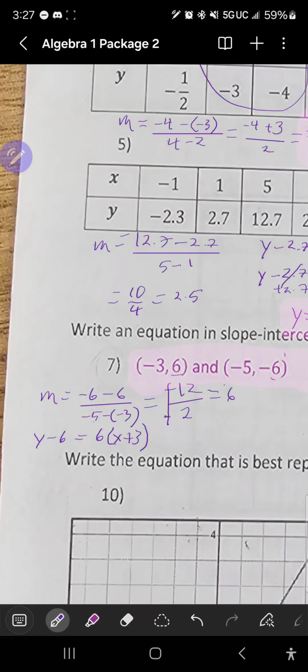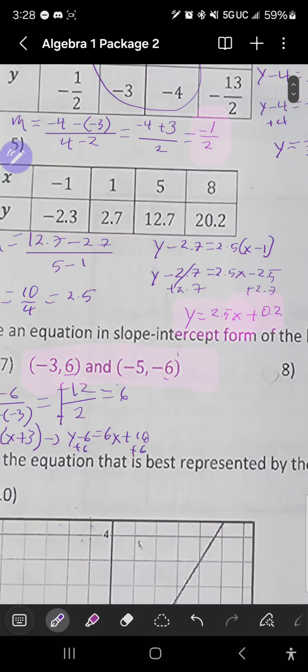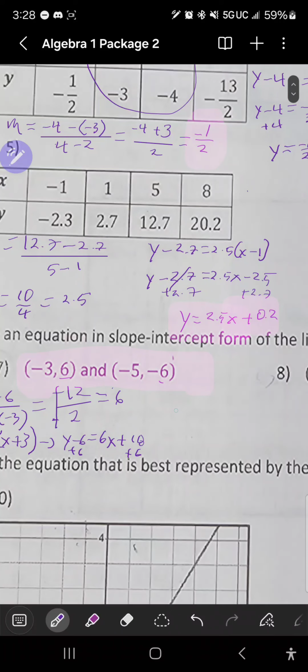I close the parentheses. Now, y minus 6 is going to be equal to 6 times x, which is 6x, and 6 times 3 is 18. We add 6 on both sides.